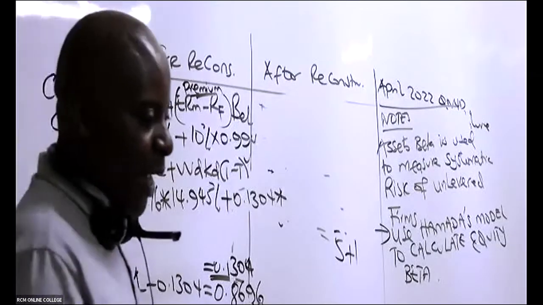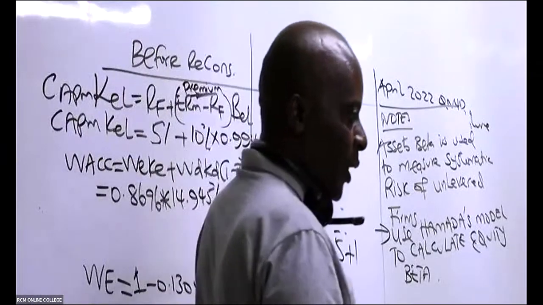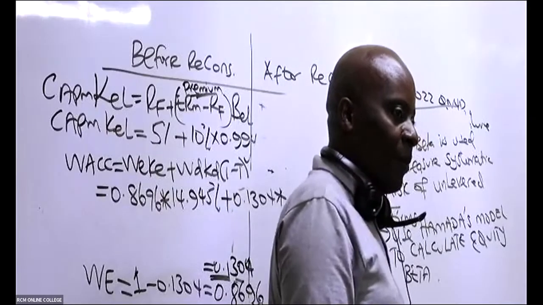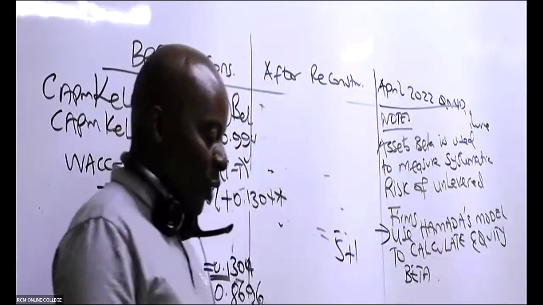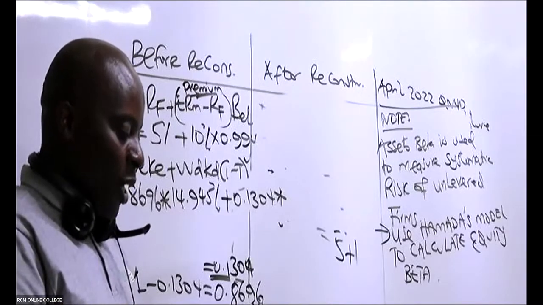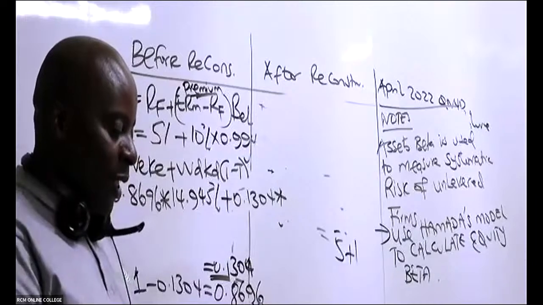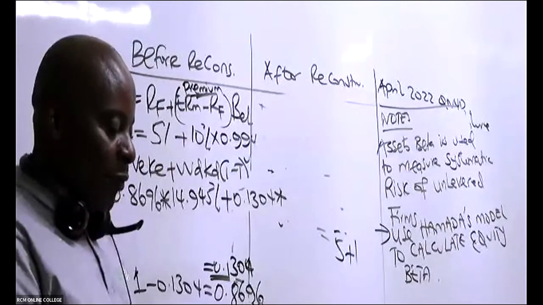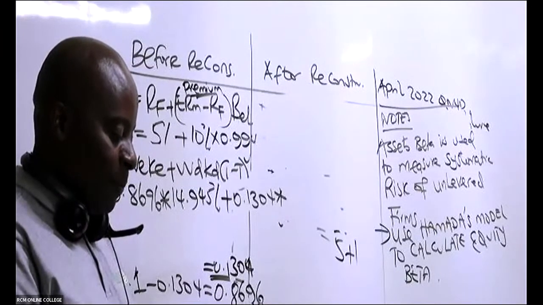Yeah, cost of debt, it will be the risk-free rate of return. They actually told us down there. They told us in paragraph number 1, the risk-free rate of return is 5%.